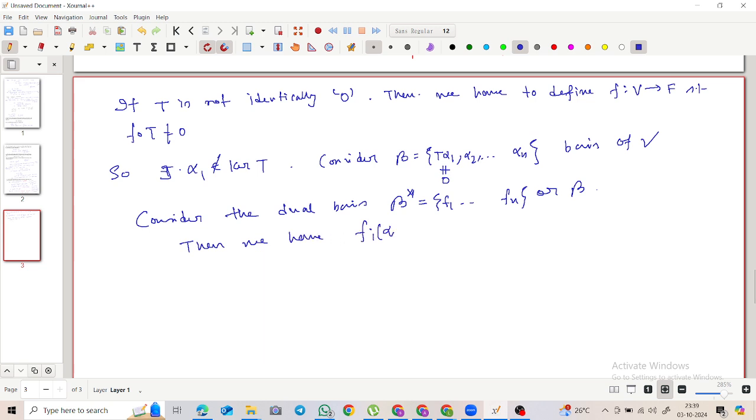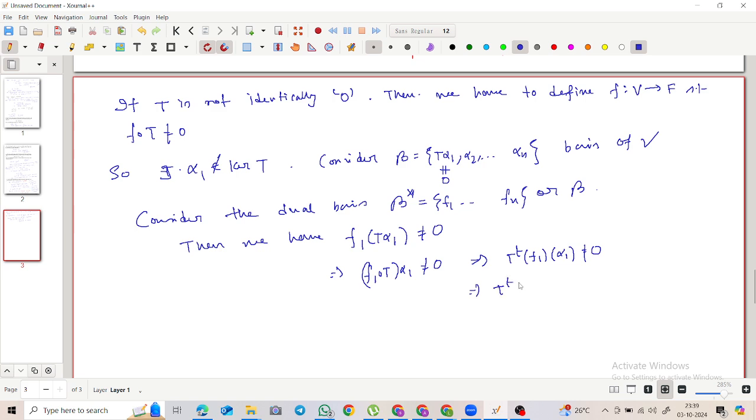Then we have f_i. So if it is the dual basis, what do we get? We get f1 of T alpha 1 not equal to 0, right? That is f1 composed with T of alpha 1 not equal to 0. That is T transpose f1 of alpha 1 not equal to 0.